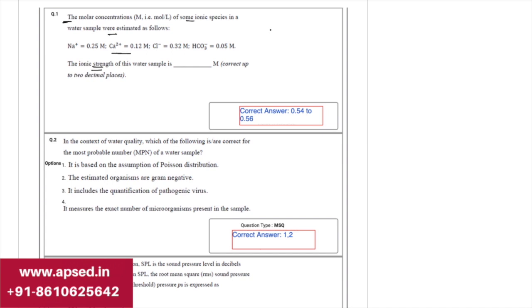water sample. So ionic strength we calculate as half the summation of Ci times Zi square. Ci is the concentration of these individual ions and Zi is the charge. Like if we take the example of Na, the concentration of sodium is 0.25 moles, and its charge Z will be equal to plus 1.